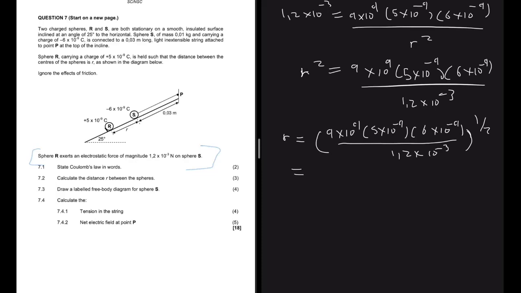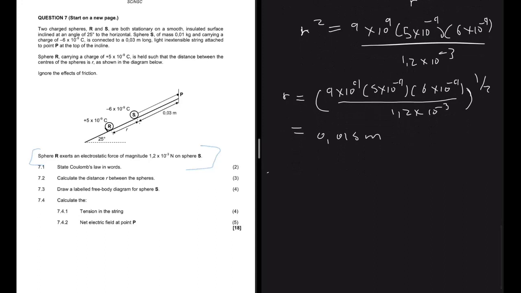So we have 9 times 10 to the 9 multiplied by 5 times 10 to the minus 9 multiplied by 6 times 10 to the minus 9 divided by 1.2 times 10 to the minus 3, everything to the power 1 divided by 2. That gives me 0.015 meters. So yeah, that's the value for r.